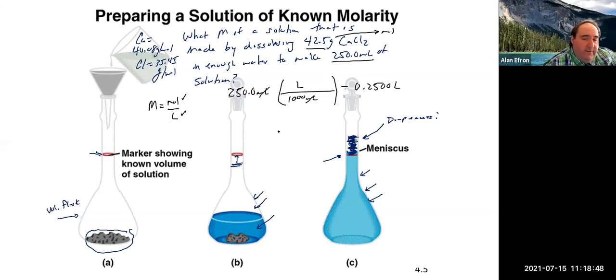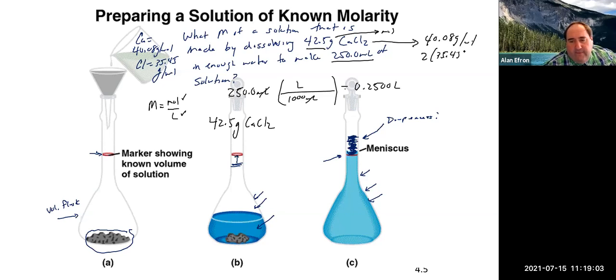We then want to convert our grams of calcium chloride into moles. So we do need the molar mass of this guy. So that again is 40.08 grams per mole for the calcium, 2 times 35.45 for our chlorine there. So that is 2 times 35.45 plus our 40.08.